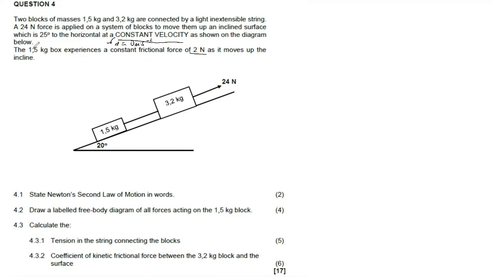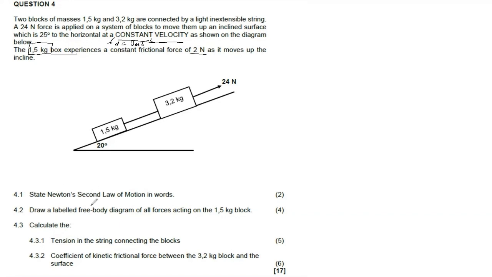Right, so note that we are only told about the constant frictional force of the 1.5 kg and nothing is said about the 3.2 kg. So do not assume that the friction on the 1.5 kg is the same as the friction on the 3.2 kg. They did not mention that. Then 4.1 says, state Newton's second law of motion in words.